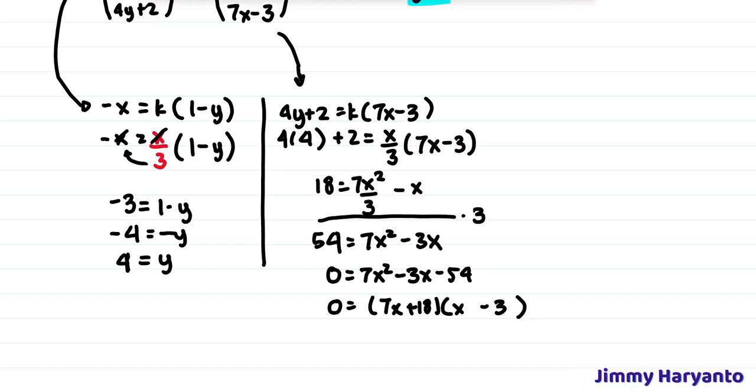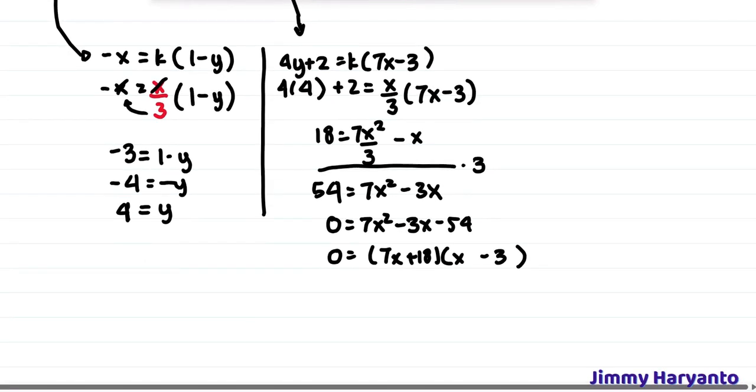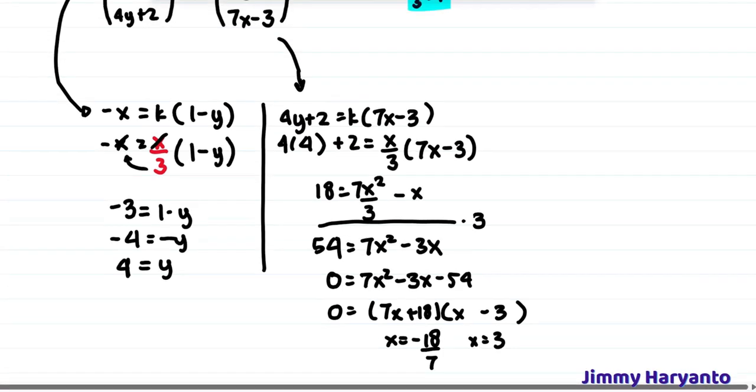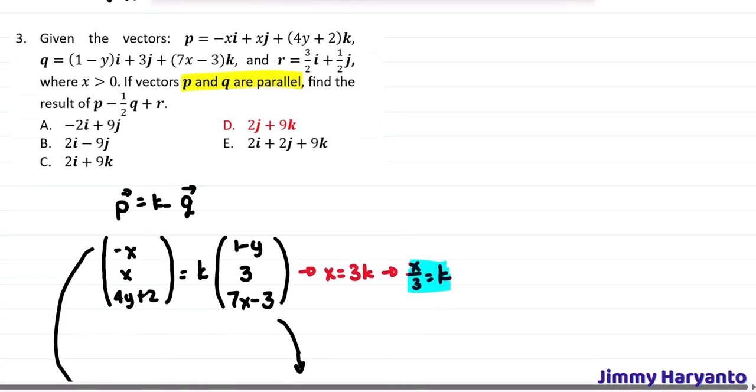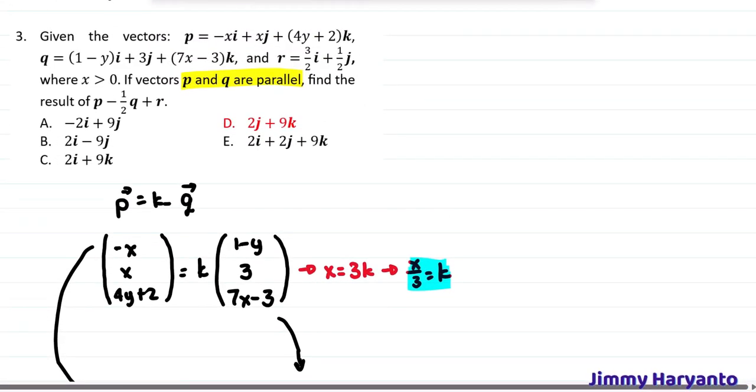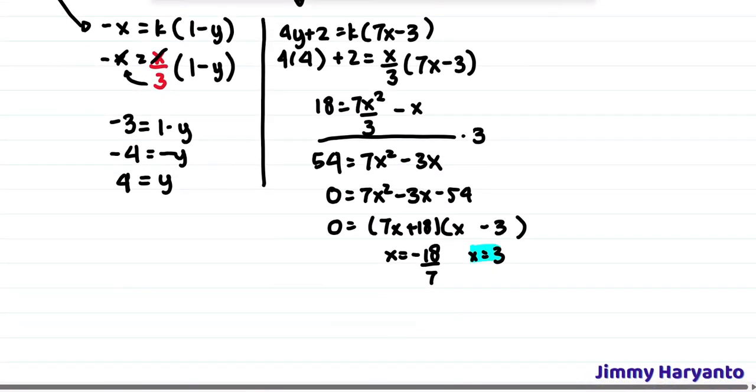Negative 54 is already correct. 18 minus 21 is negative 3. Okay, good. So right here we can get the value of x, which is negative 18 over 7, and also x equals 3. The question says x is greater than 0, so we have to take this one.